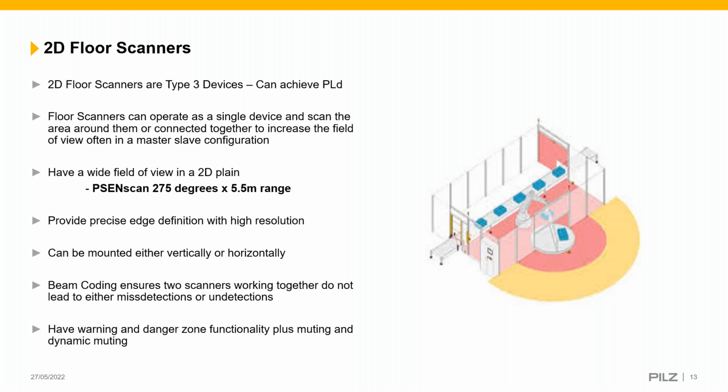And while someone's then in the red zone or the danger zone, it's moving at a speed that if they come into contact with the robot, it's not going to cause them any harm. And then as they walk away, it can come back up to full speed. So it can allow you to have collaborative applications with a method 3, method 4 solution.